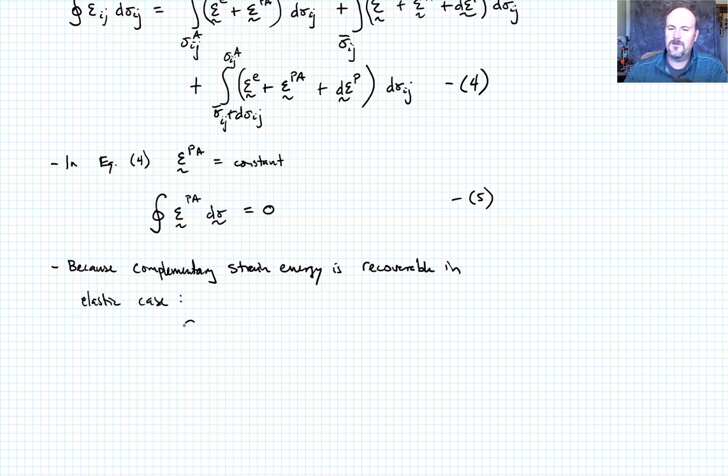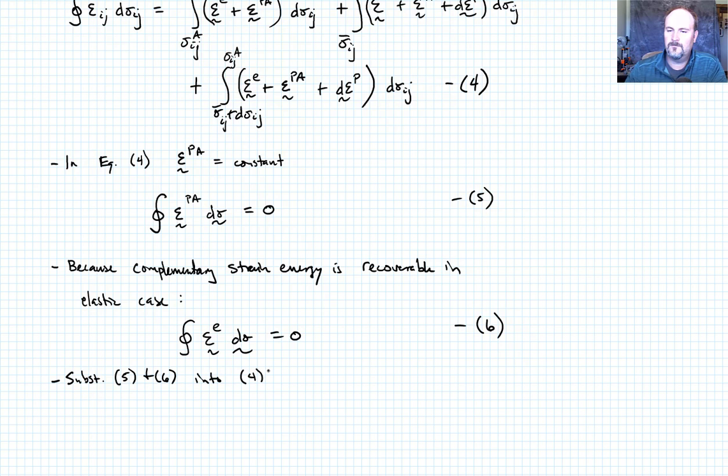then we can also say that the integral over epsilon elastic d sigma is also equal to 0, right? So it's a conservative load, right? Okay, so let's see what that leaves us with now. Let's just say substituting equation 5 and 6 into 4, what are we left with?